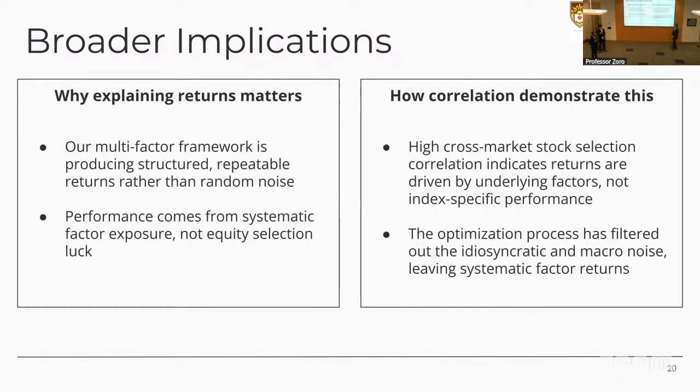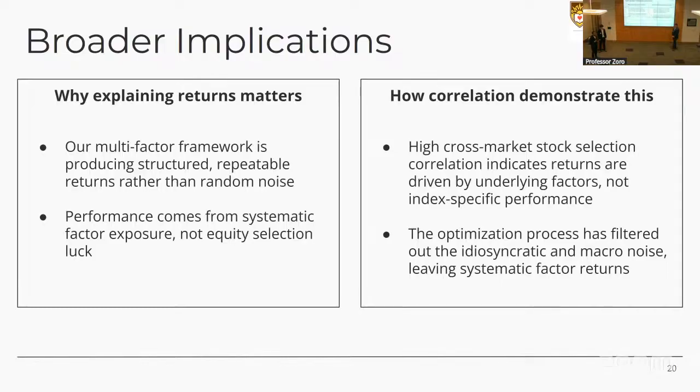And this says that our returns are more repeatable and structured. When I say repeatable and structured, we mean that if we put our optimization model across different times and across different markets, we'll get the same results and the same behavior. So our performance also comes from the systematic factor exposures. It's not just taking random stocks and putting in some random noise.